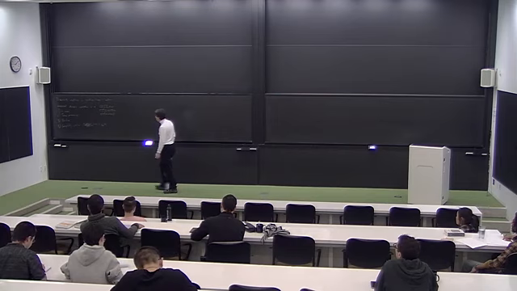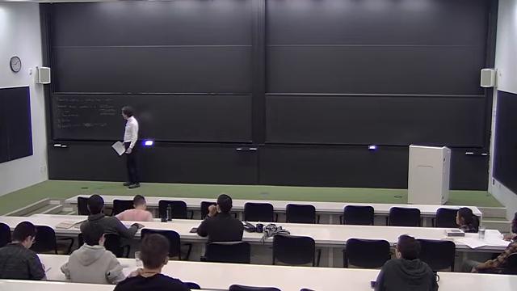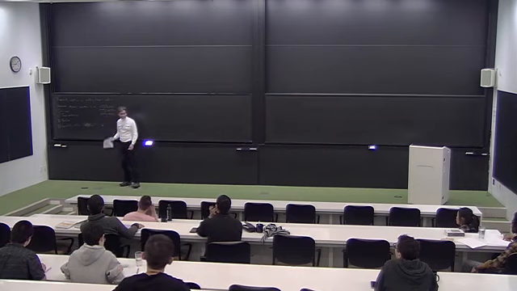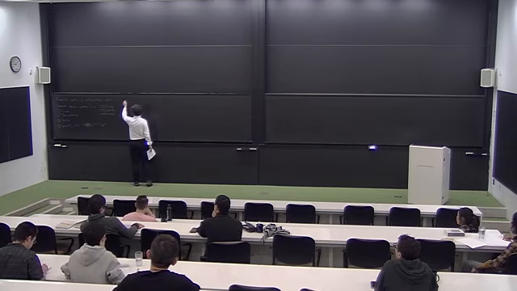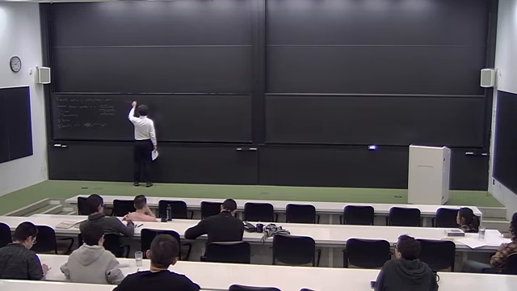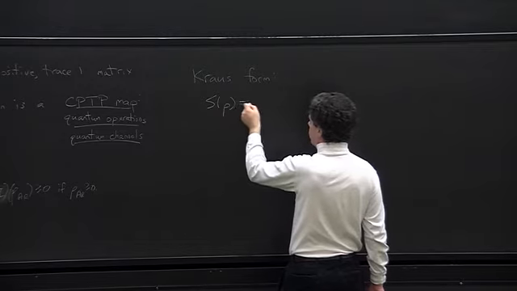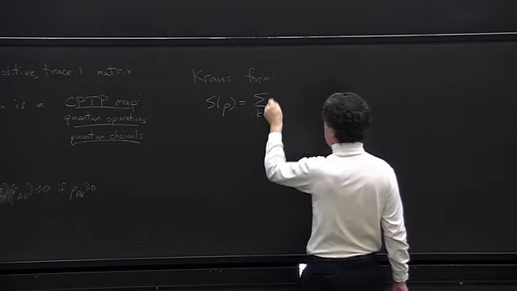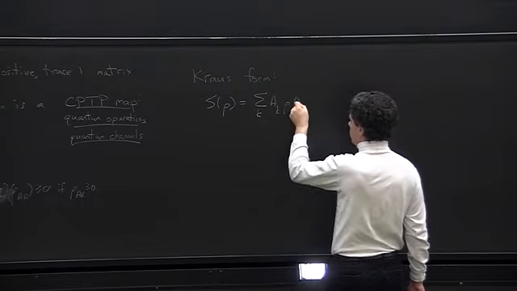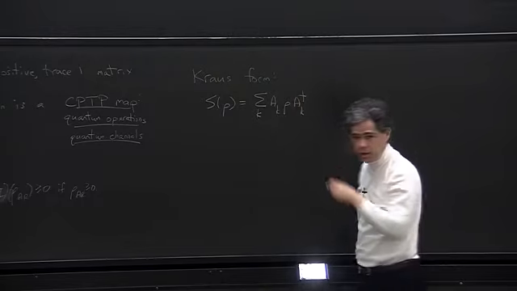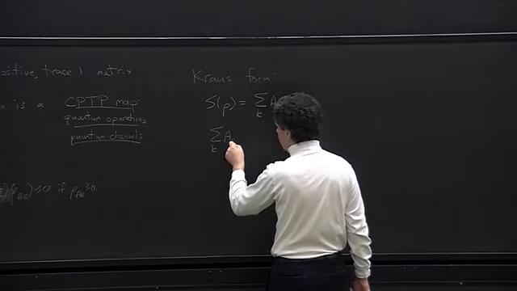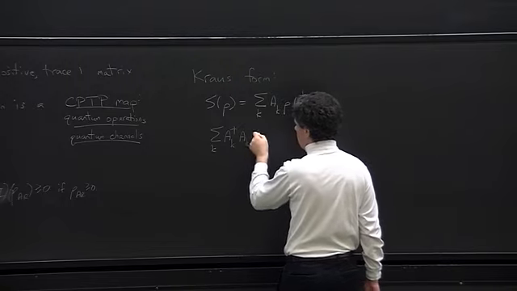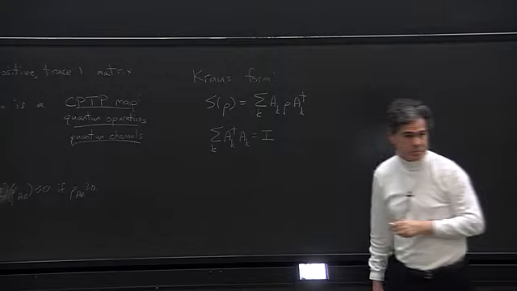Any other questions? OK, so it turns out that any completely positive trace-preserving map can be written in the following form, the Kraus form, which is that S of rho is equal to the sum over k of A_k rho A_k dagger. And the A_k are arbitrary, except that they satisfy this condition, that the sum of A_k dagger A_k is equal to the identity.